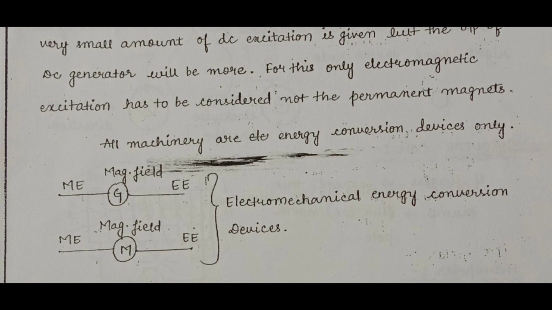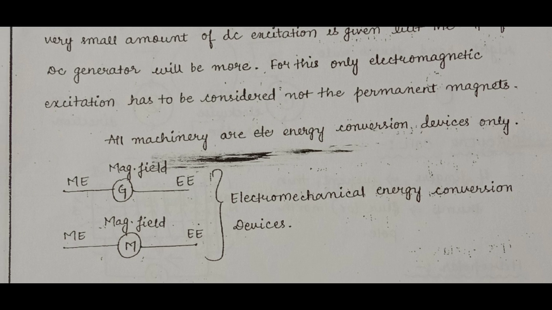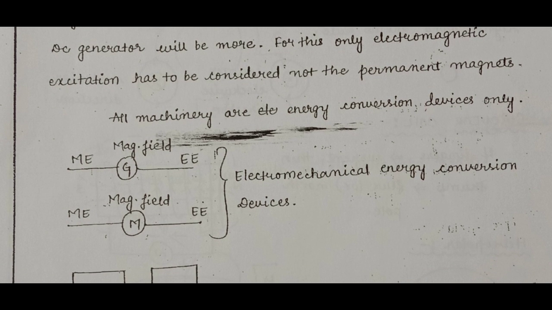So we go for electromagnetic excitation, magnetic field. All machines are energy conversion devices. That means according to Einstein, E equals mc squared, energy cannot be created or destroyed, it can be converted from one form to another form.